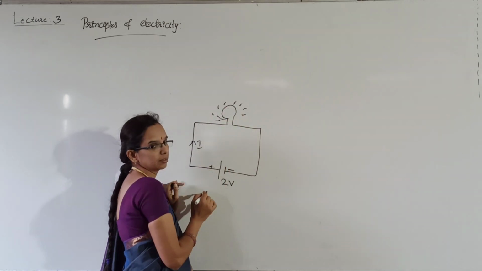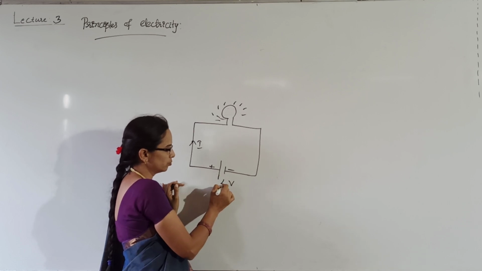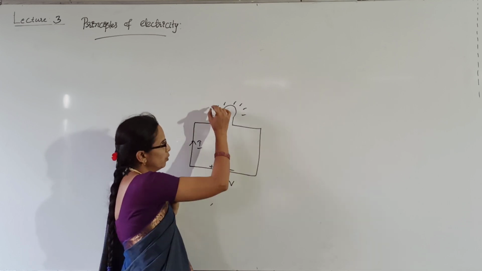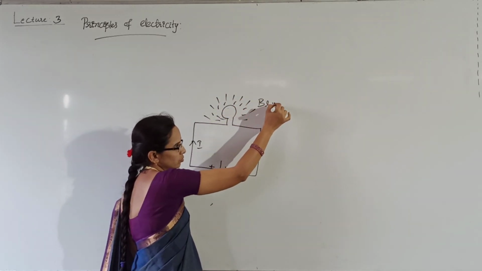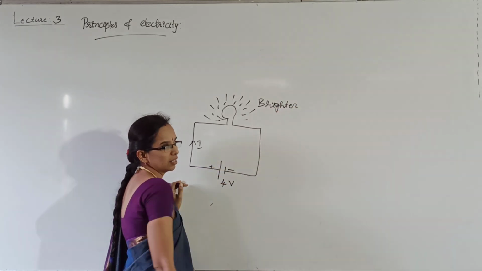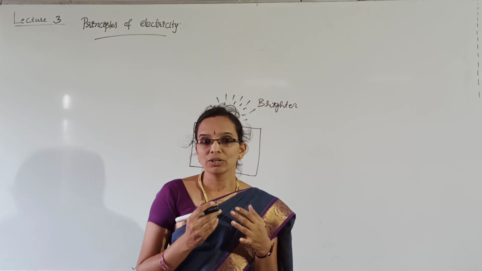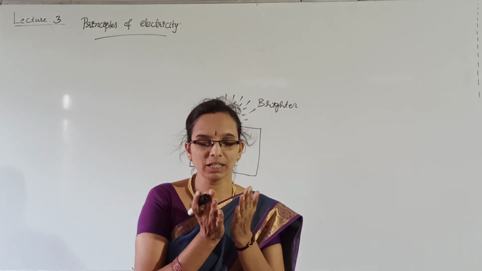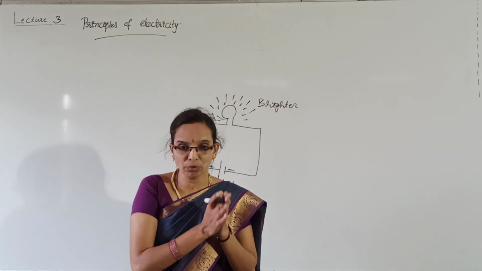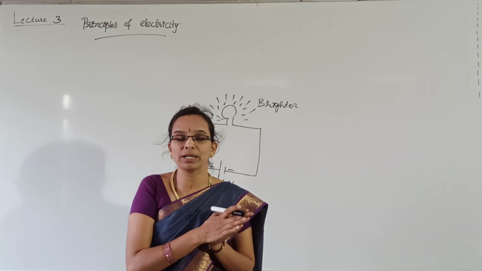Bulb is glowing. If I increase the potential difference even more, 4 volt, the bulb will glow. We created a potential difference and current is flowing, that we came to know by seeing the bulb glowing.